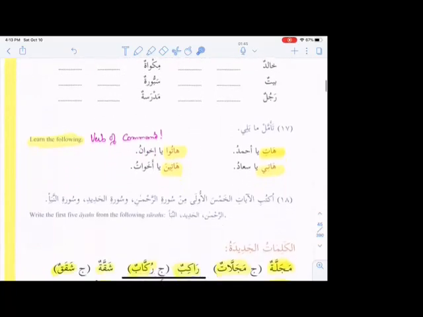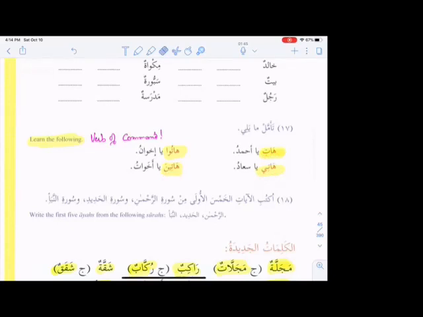No, fine. Now here comes, my brothers and sisters, learn the following, the verb of command. See here, masculine, hati. No ya there. Feminine, hati. Hati, hati. Ikhwanu, hatu. Ya akhwatu, hatina. Four only.